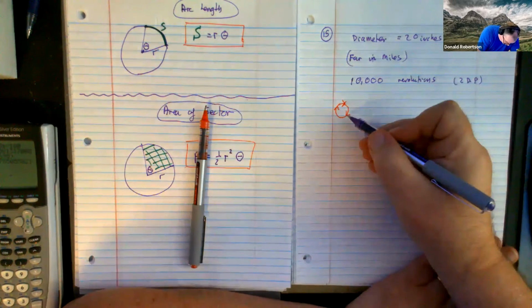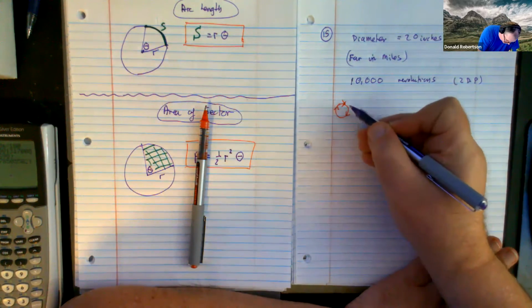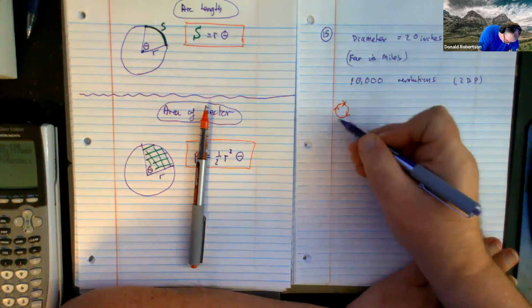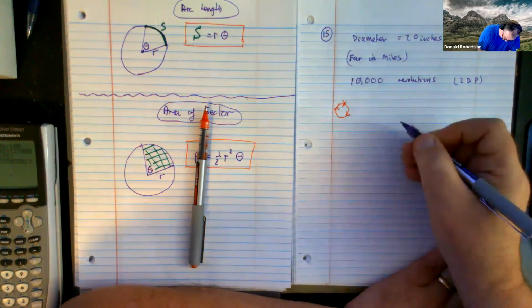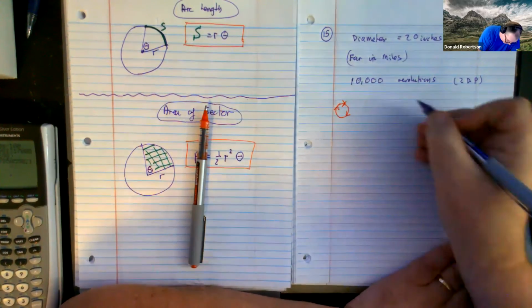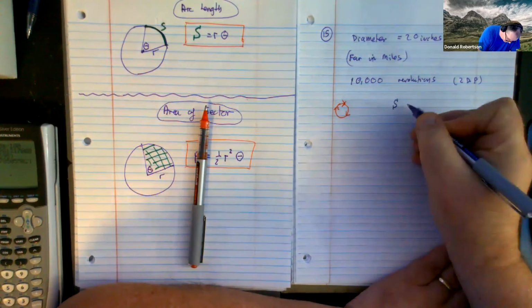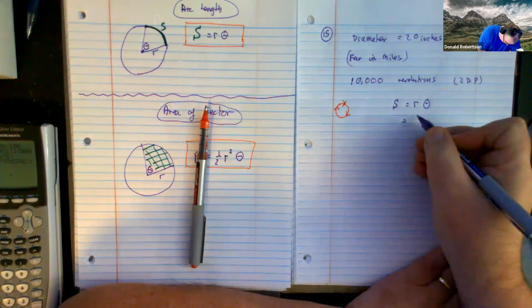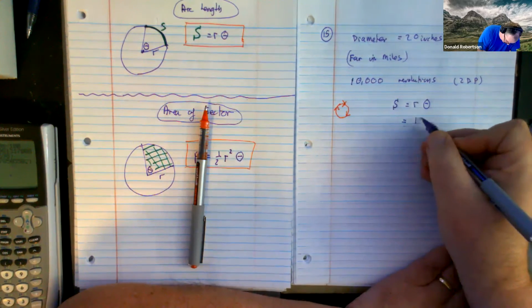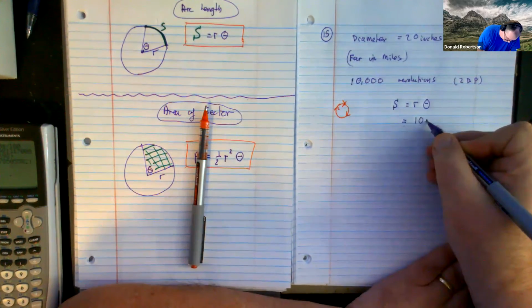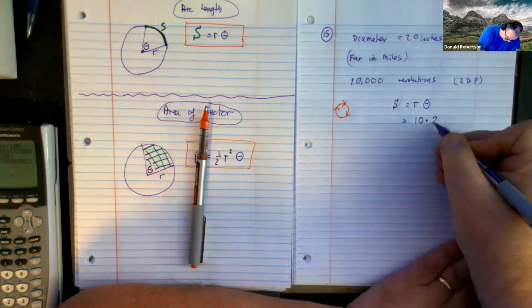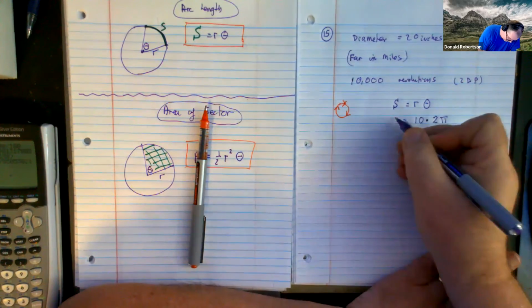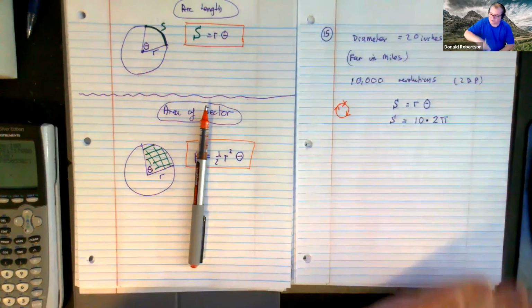So what I'm going to do first is, if you think, what distance does it travel in 1 revolution? Great. Then that's the arc length, r times theta. And in 1 revolution, it's going to be 10 inches times 2 pi. You agree 1 revolution is 2 pi.